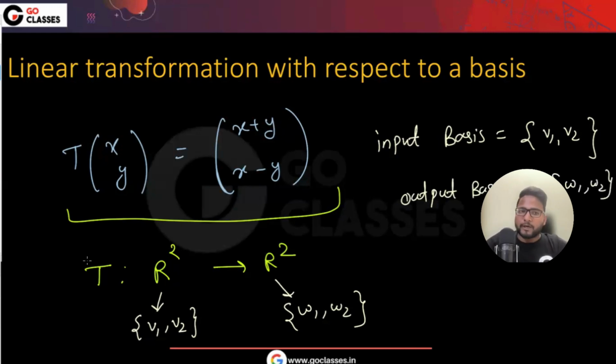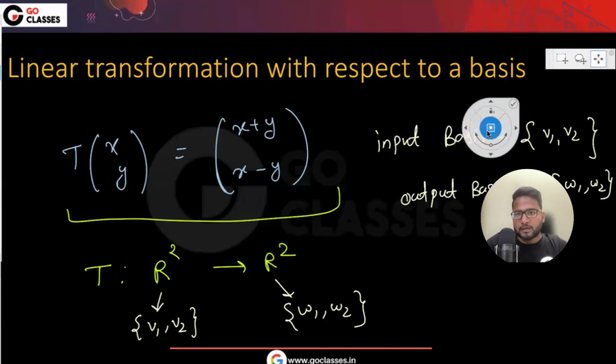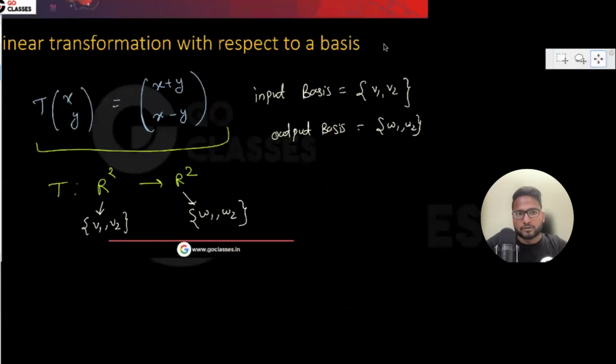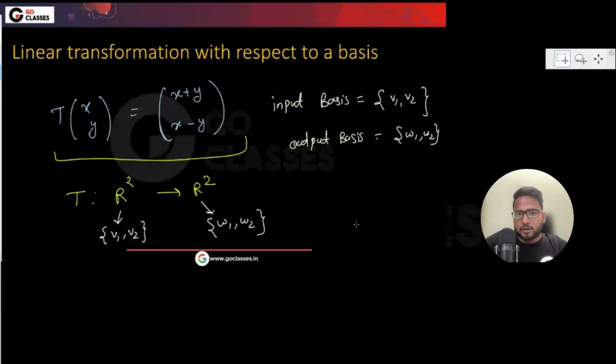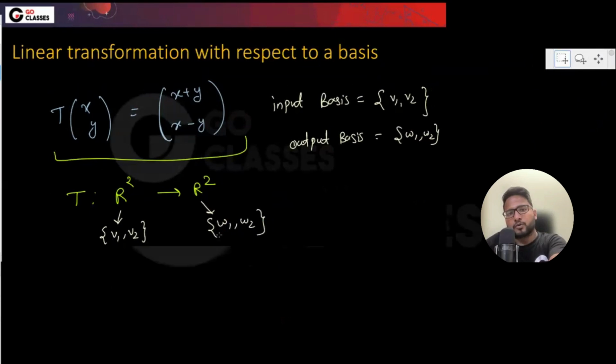So what do I mean by that? I mean to say the following. I want to do multiple things at the same time. Okay, what are those things? Let me tell you. One is that the given vector will not be in the standard basis anymore. The given vector will be in this basis. Let's suppose this is B1, this is B2. Let's suppose the given vector is in B1 basis.